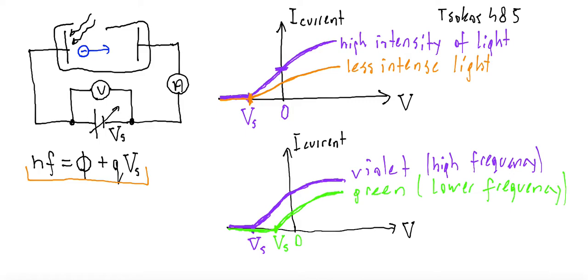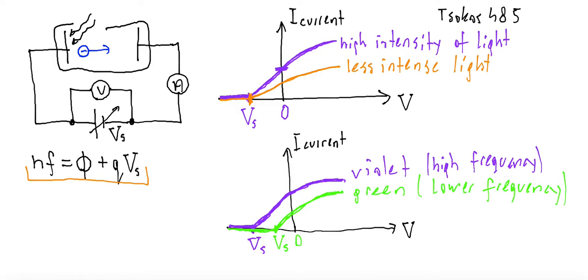Okay, so you see these two effects in the first graph. We have the effect of intensity of light on the current in the circuit. If intensity is different, then we have different current but the same stopping voltage. And in the second graph, we have the influence of frequency of light on the current in the circuit. If we have light which has lower frequency, which means less energy, then the stopping voltage must also be lower.